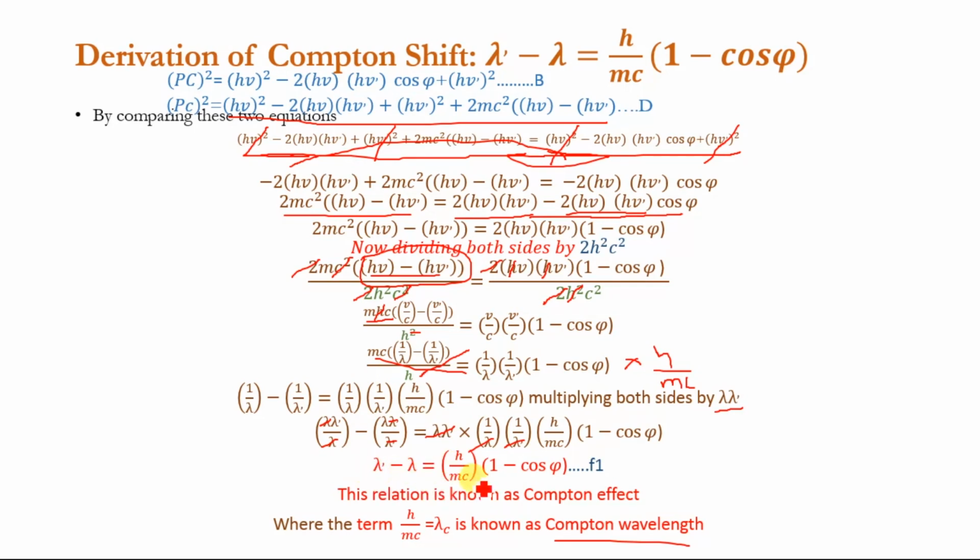So this relation which we have derived, λ′ − λ is equal to h/mc into (1 − cos φ), is known as the Compton effect.